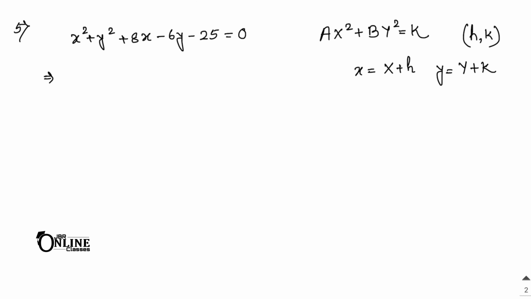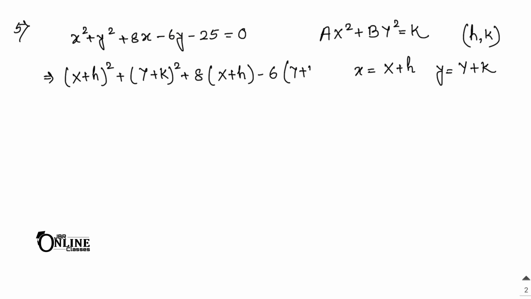So here your value will be (capital X plus h) whole square, then (capital Y plus k) whole square, then 8 into (capital X plus h), then minus 6 into (capital Y plus k), then minus 25, that equals 0.